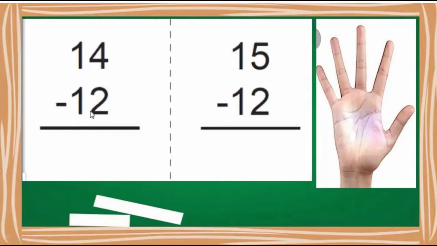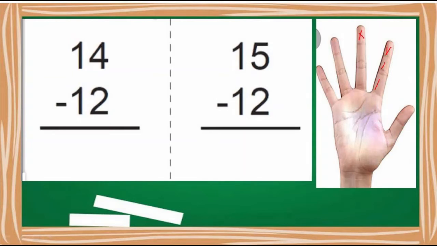14 minus 12. So, first of all, we have to start counting of the ones column. 4 is present at the ones column and we have to make subtraction of 4 minus 2. Let's do it. 1, 2, 3 and 4. Cross out 2 out of that. 1 and 2.